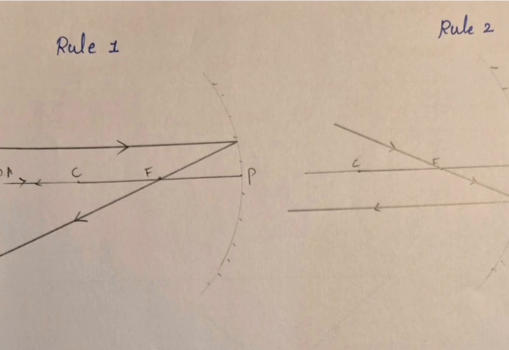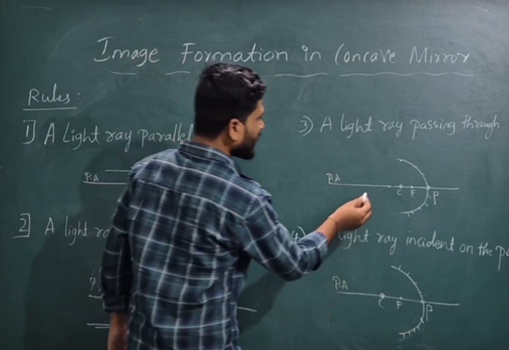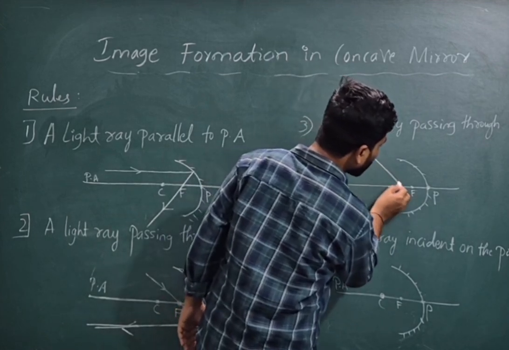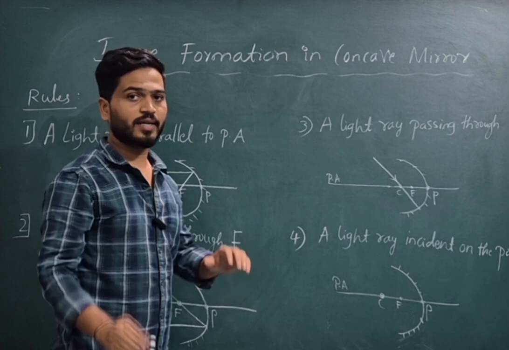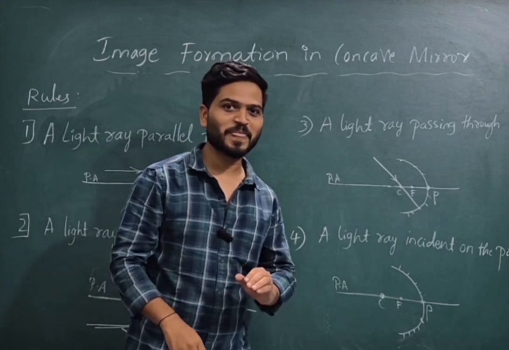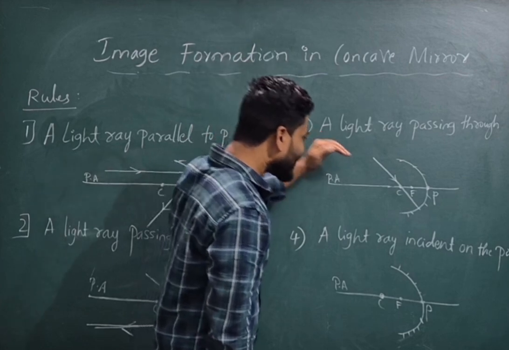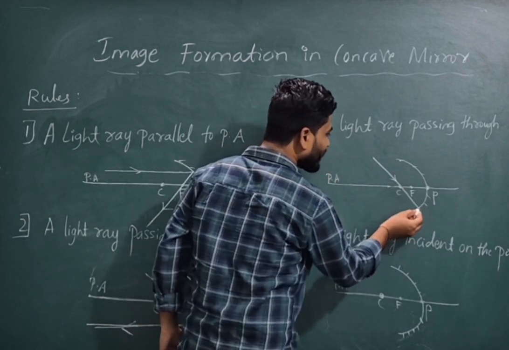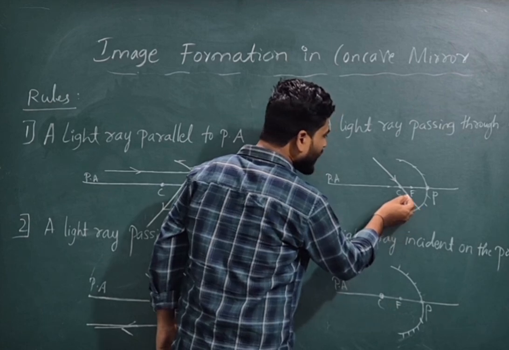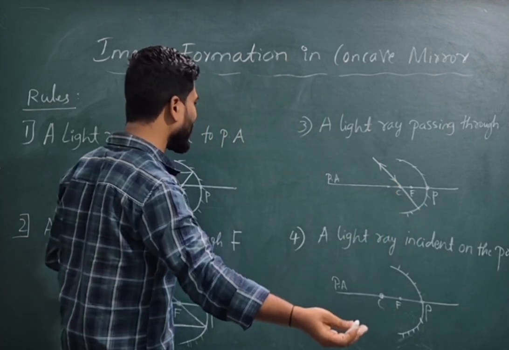Third one, a light ray passing through C. C means the center of curvature. Here is the game: when the light ray passes through C, after hitting this reflecting surface, it will go back without any deviation or change in direction.